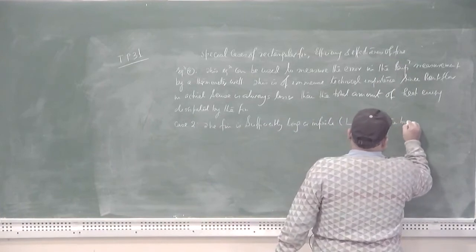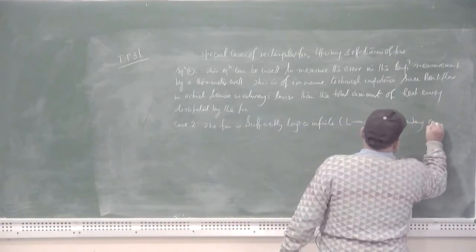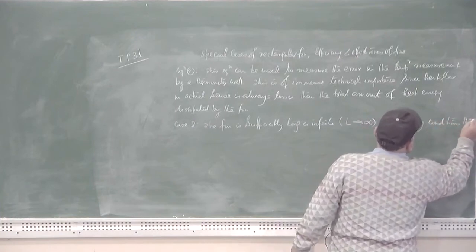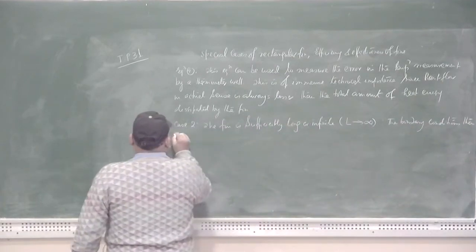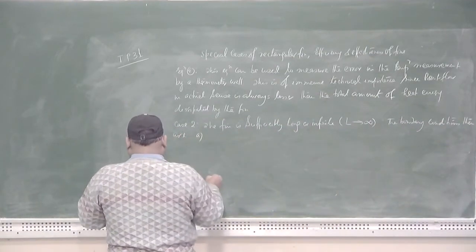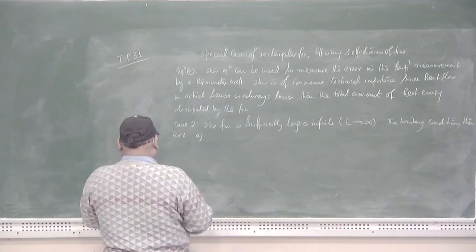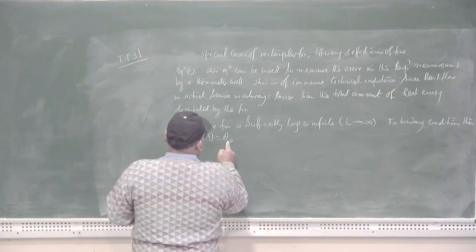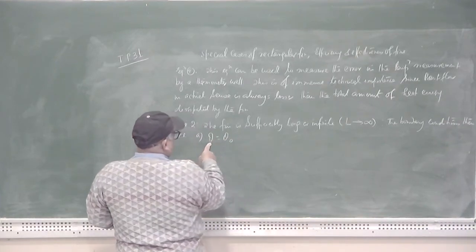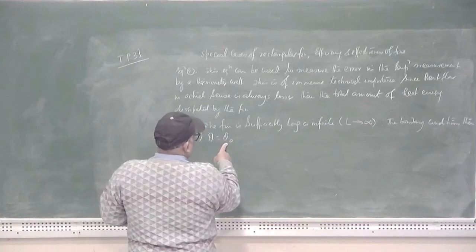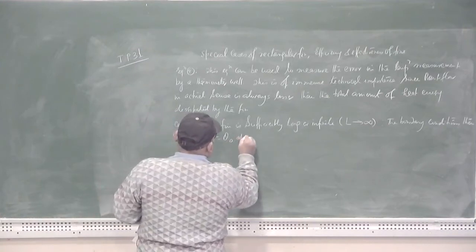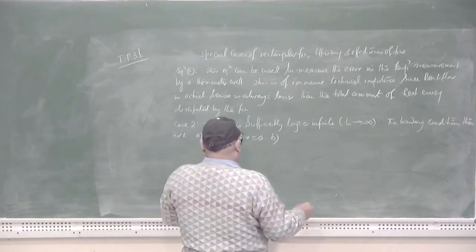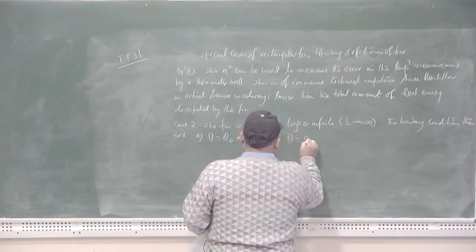The boundary conditions now are: number A, the first boundary condition will not change, that is theta equal to theta naught, the temperature difference at the root for the steady state heat flow, at x equal to 0. And boundary condition number 2 is theta equal to 0.